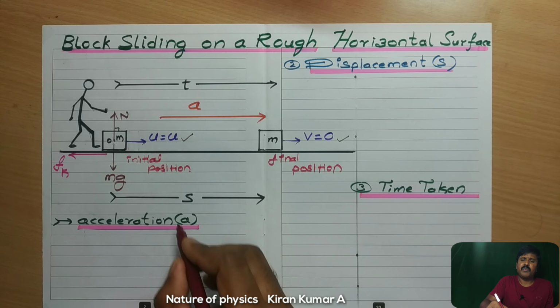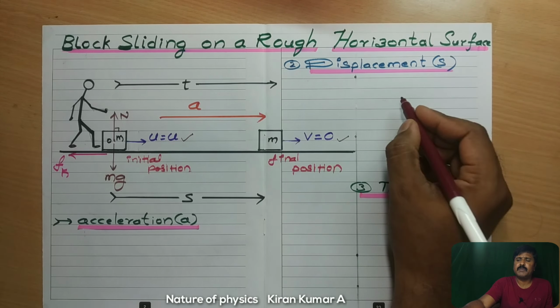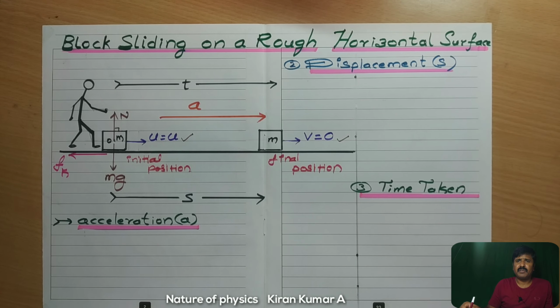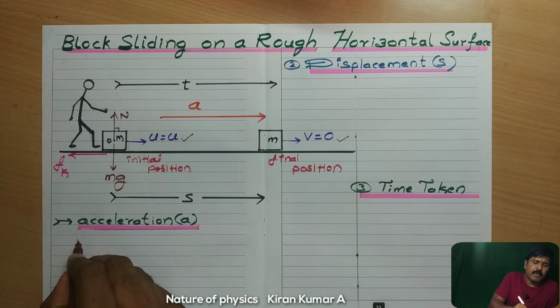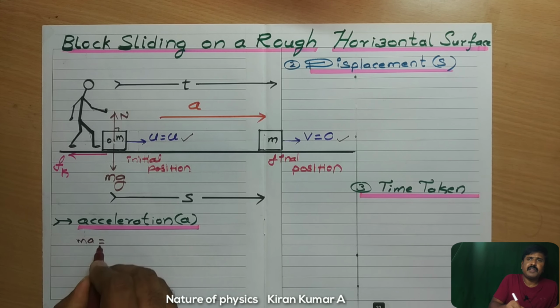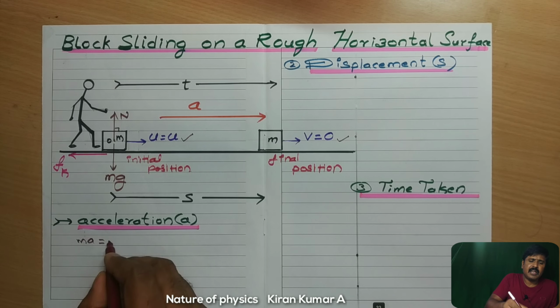So I am going to find first the acceleration, second the displacement, third the time taken. For the acceleration, the basic equation I am going to write is that the resultant force is m, the mass, moving with an acceleration a, so ma is the resultant force.